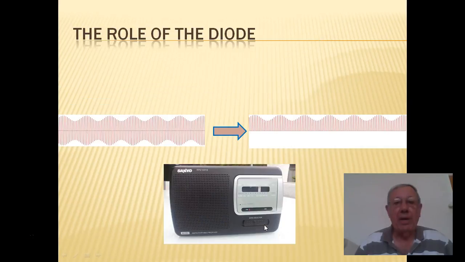Now, inside that radio, what happens is this. It's feeding through into the radio, and it comes through what's called a diode. The effect of that diode is to make the current go in one direction only.